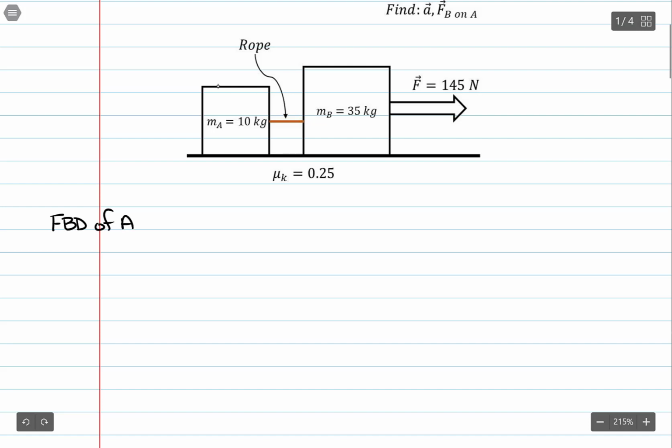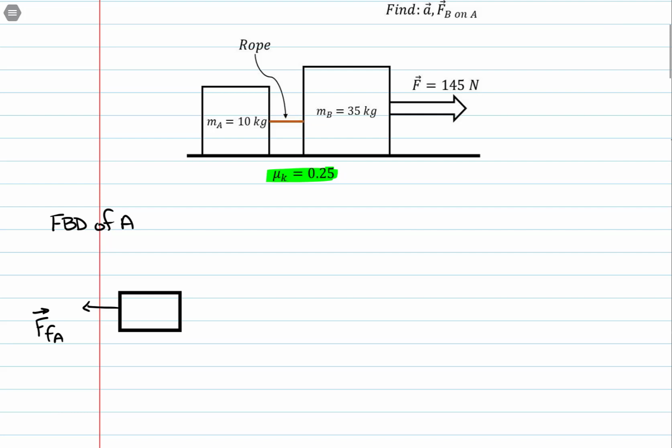If we drew that free body diagram of A, we have to think to ourselves, what forces are acting on A? Well, the fact that we are told about friction, and we're given a coefficient of friction, indicates that there's going to be an opposing force to the motion. So we'll call it FF, and we'll use the subscript A to indicate that that's the force of friction on box A. Now, there's a tension force pulling towards the right, and I'm going to say that that's FT.